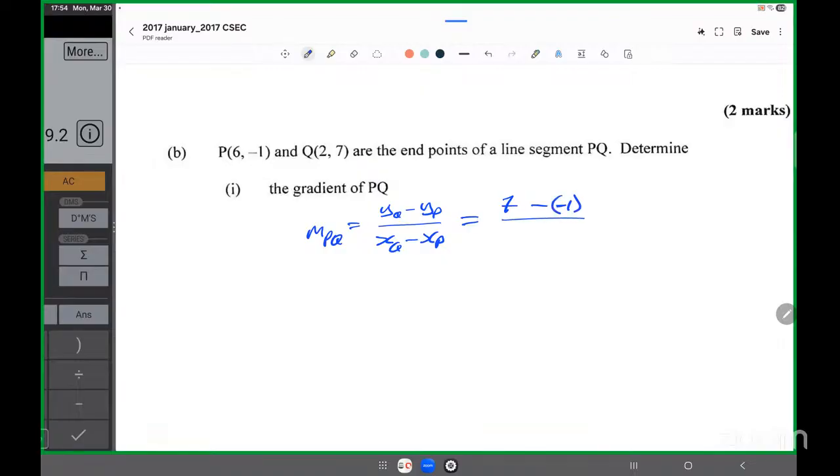That becomes a plus. xq is 2 minus xp is 6. So that gradient of PQ becomes a positive 8, because minus is a plus. Becomes an 8 over 2 minus 6 is -4. 8 divided by -4 becomes -2, yes?